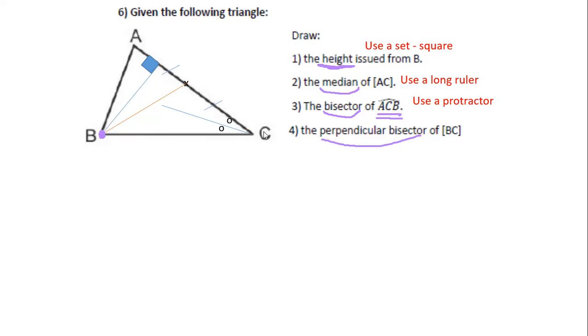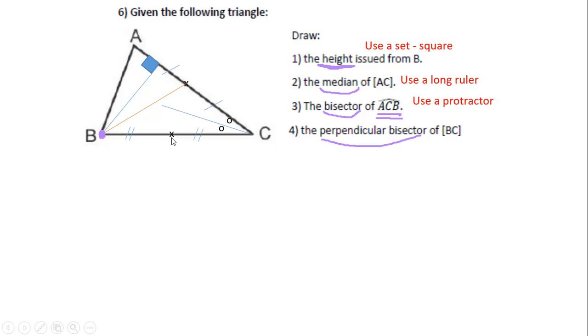Using the long ruler, we measure BC. Suppose the measure of BC is 7 centimeters. So we divide 7 by 2 and we mark the midpoint of BC. This is the midpoint. Also, the distance from B to the midpoint is equal to the distance from the midpoint to C. So we do the same marks on both sides.